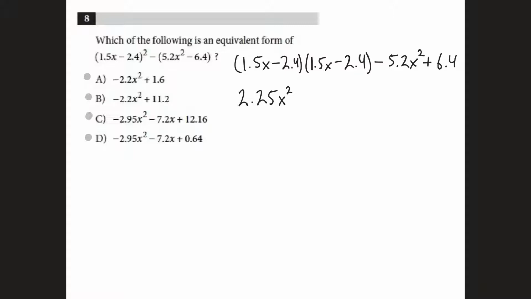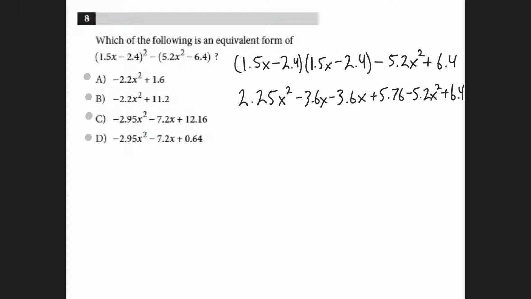That's going to be minus 3.6x, and then we're going to get again another minus 3.6x, and then plus 2.4 times 2.4. My calculator says that's 5.76, minus what we got above, 5.2x squared plus 6.4.